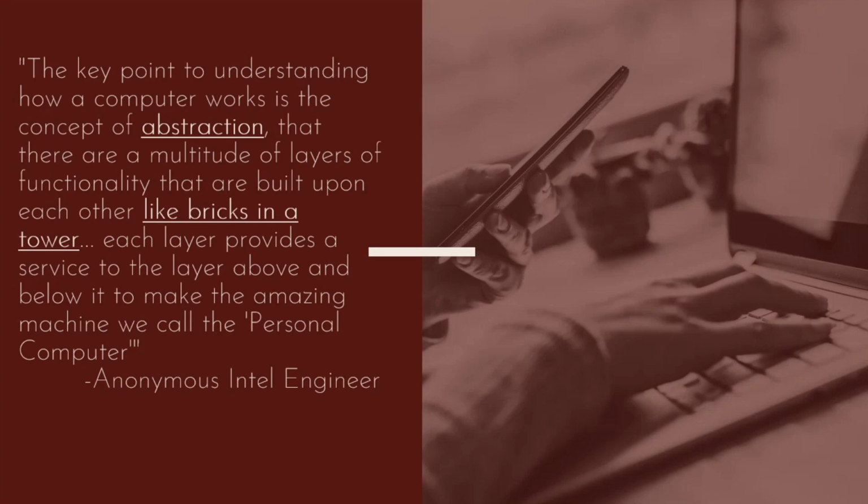So the key thing to remember is that you have multiple layers, like we talked about with the hardware and software earlier, and these are built on each other like bricks in a tower. Each of these layers can provide a service to the layer above and below it, and that makes up our computer.